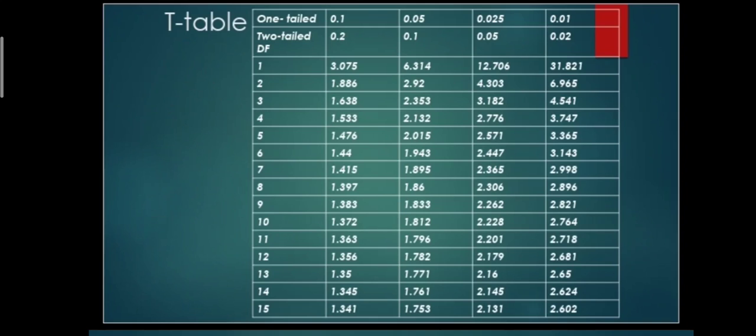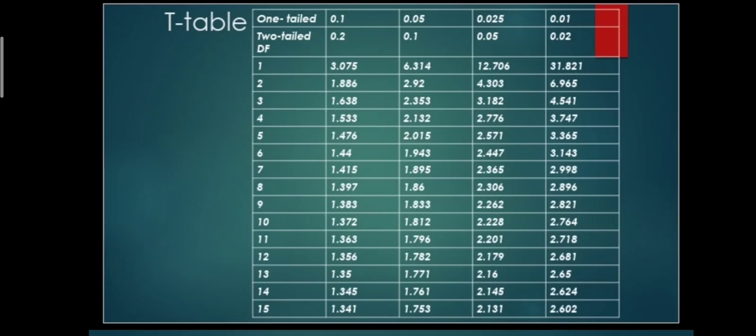In this t table you can see the t critical or t table value at 5% level. Because we are doing two-tailed analysis, at 5% level the value will be 2.262.